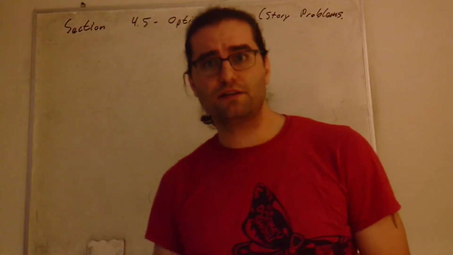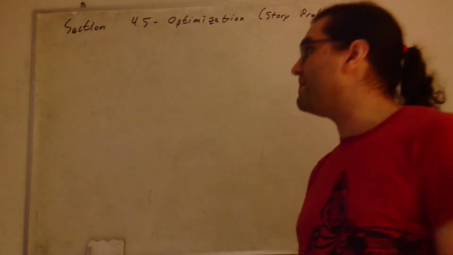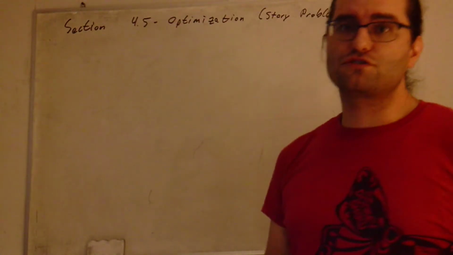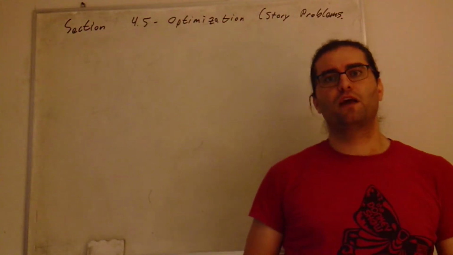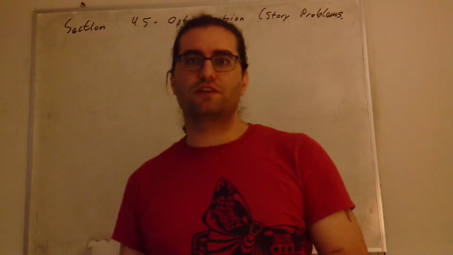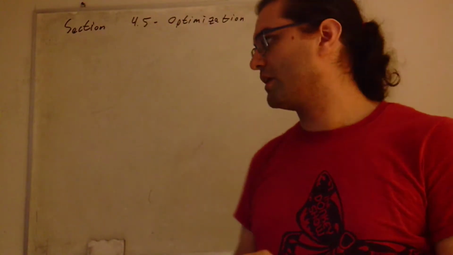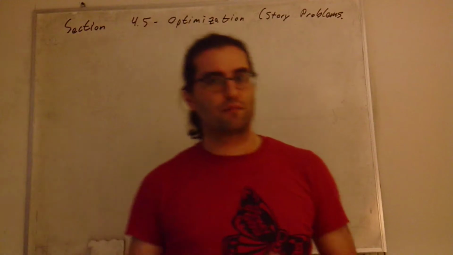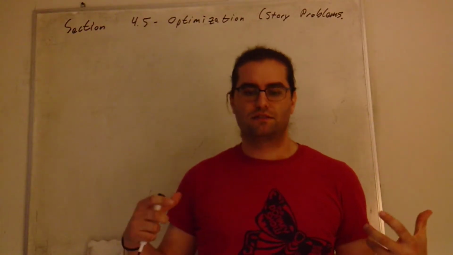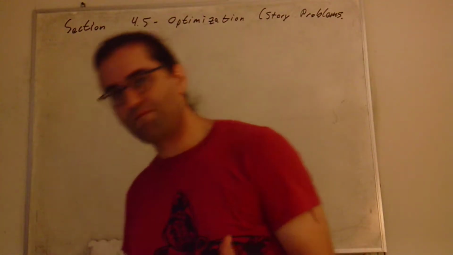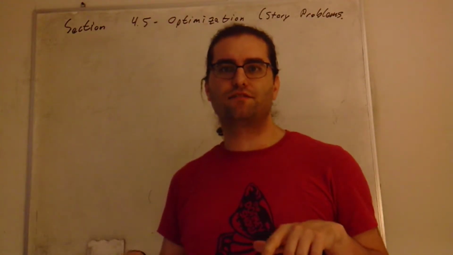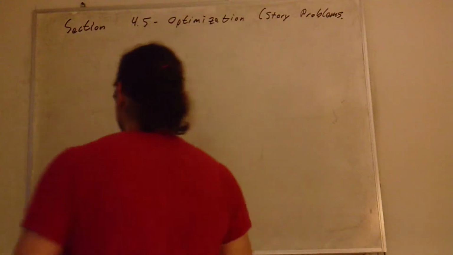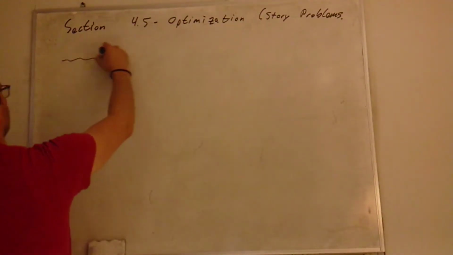With that in mind, let's just get started. The quintessential optimization story problem involves a farmer, who we're going to call Kaide, enclosing an area with a fence. To make this a little bit less boring, we're going to say that she only needs to enclose 3 sides of her rectangle with a fence because this particular pasture has some river.